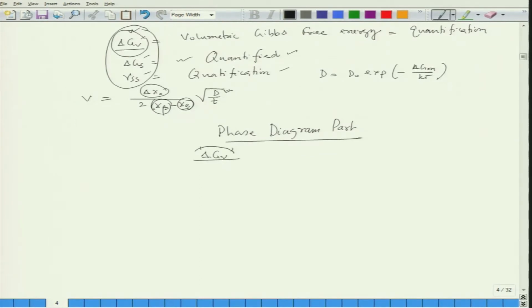We have to quantify this value, and for that reason we have to get to the phase diagram, and our interest would be to derive the phase diagram. Mainly there are two routes by which we can derive a phase diagram, one is the experimental route, another one is the thermodynamic route.